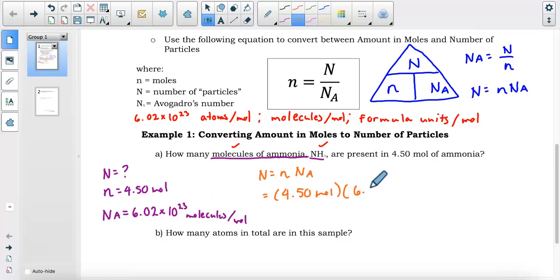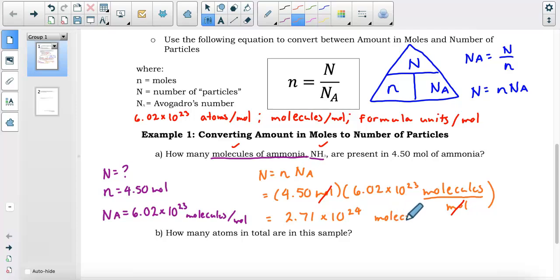We got our 6.02 times 10 to the 23 molecules per mole. And when you write these units, you can see that this mole will cancel with this, and that will give you the value of 2.71 times 10 to the 24. The units that are left are your molecules.